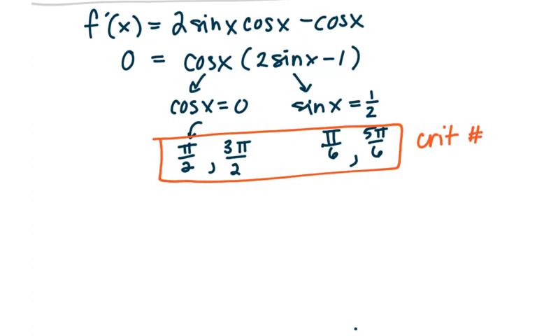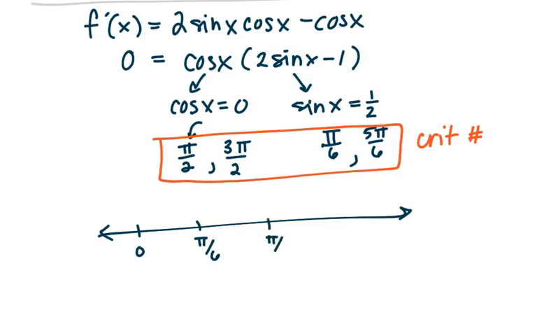So I take those critical numbers, my critical points, critical values, whatever you choose to call them, and we're going to plot them on a number line. On my number line, we're only dealing with 0, the first value would be pi over 6, and then pi over 2, 5 pi over 6, and 3 pi over 2.